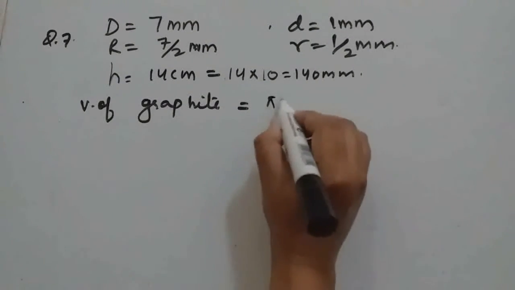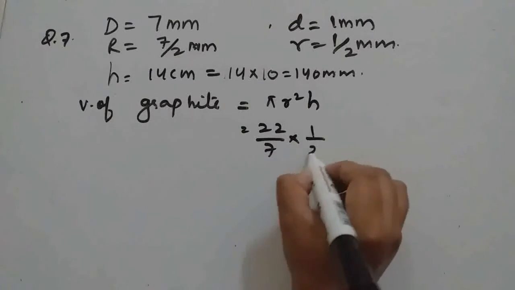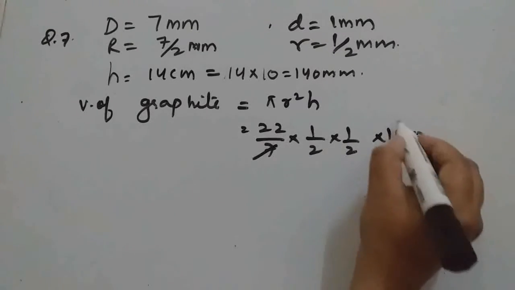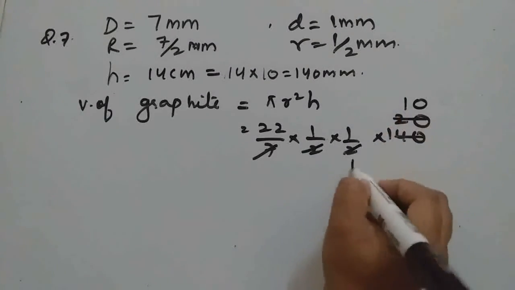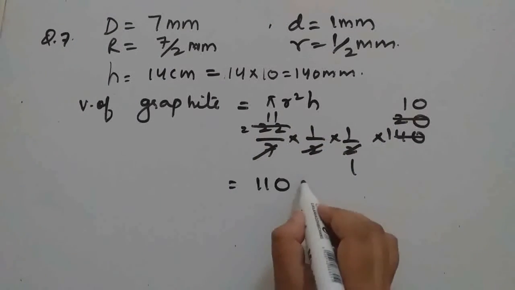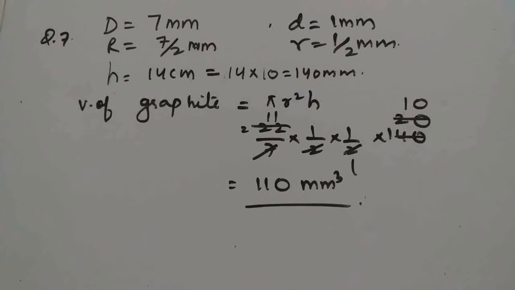So the volume of graphite means pi r square h. So r means 1 by 2, 1 by 2, h is 140. So it will go 7 2s, isn't it? Then this will go, so 11 into 10 means 110 millimeter cube is the volume of graphite.